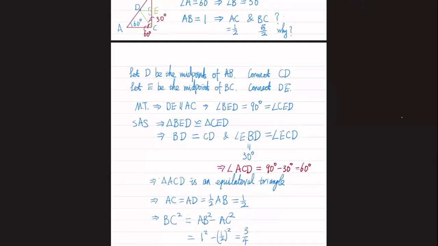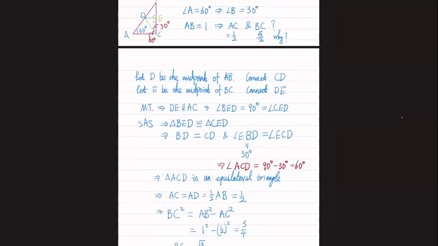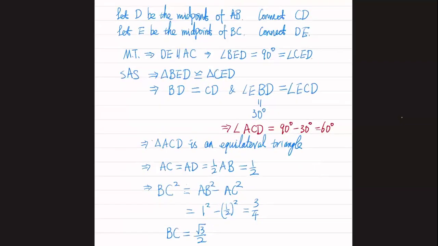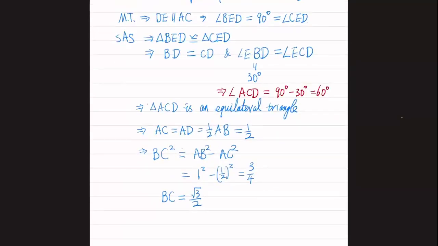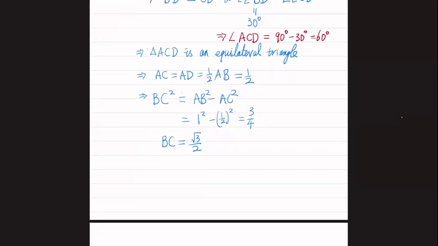Not easy. Okay, so these are two special cases; more generally, we're not that lucky. We don't have exact numbers, but we use the trigonometric functions: sine theta, cosine theta, the two most popular trig functions.